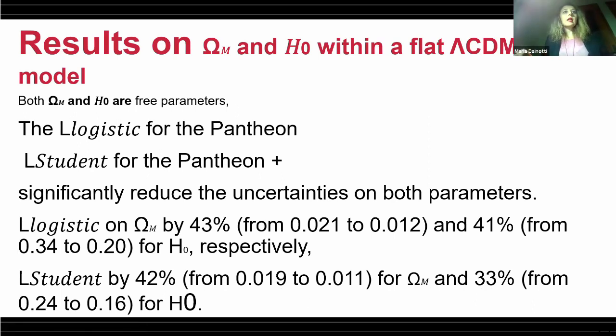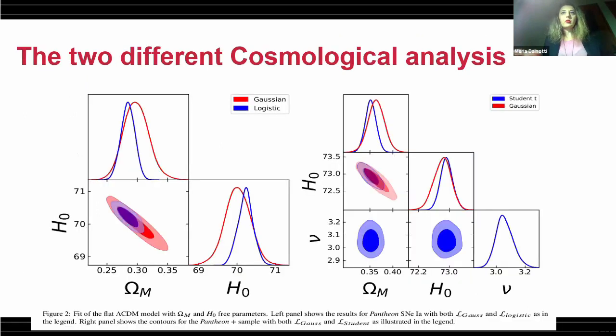Now, in this analysis, we did make omega m and H0 vary together, but we also tried to leave one parameter free to vary and the other fixed. So we tried several approaches.